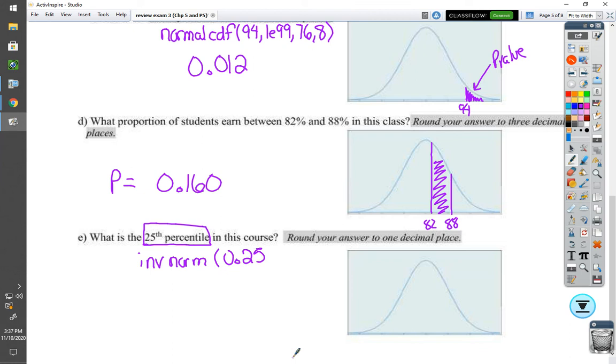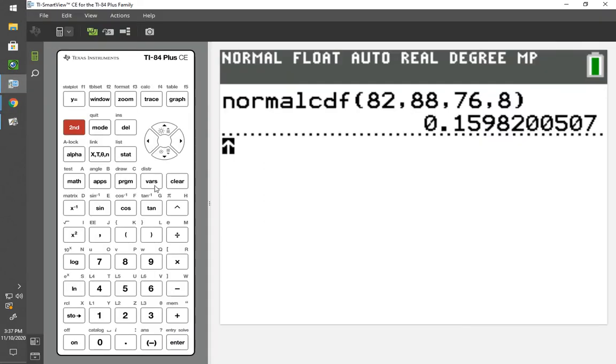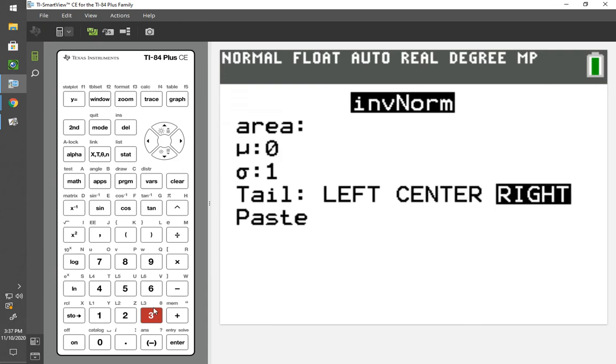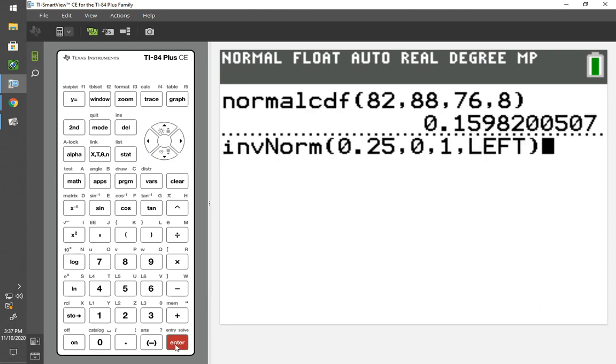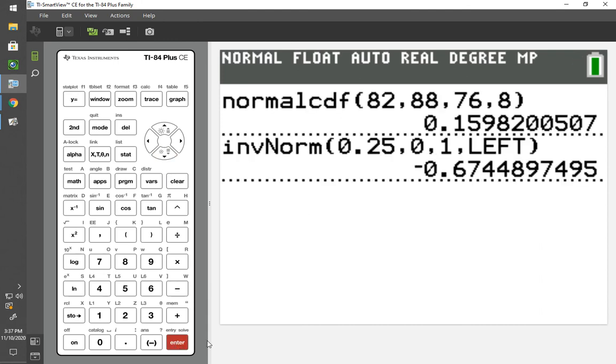And we'll go to the calculator so we see it, and we'll do this in probably both. I get to my distribution. I go to number 3. The area is 0.25 because I want the area to the left of that to be 0.25. It's always a 0 and it's always a 1. And it's always area to the left when you're talking about percentiles.